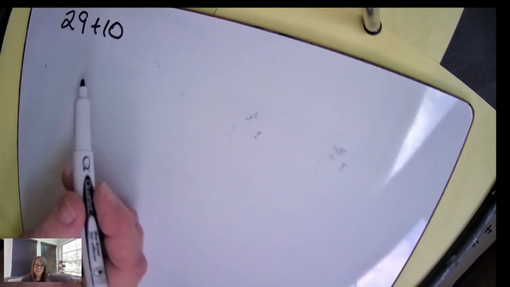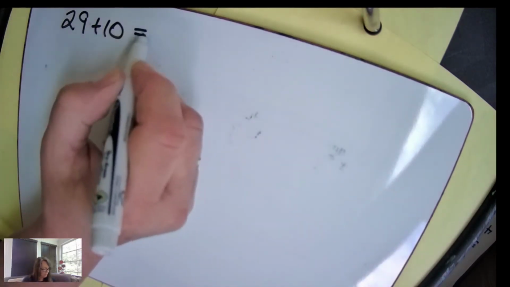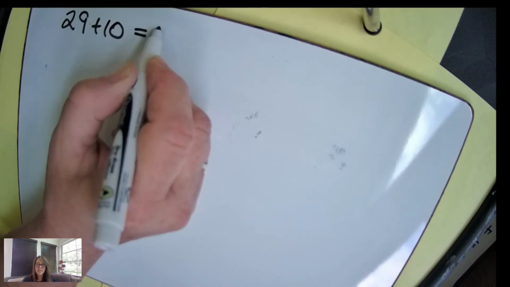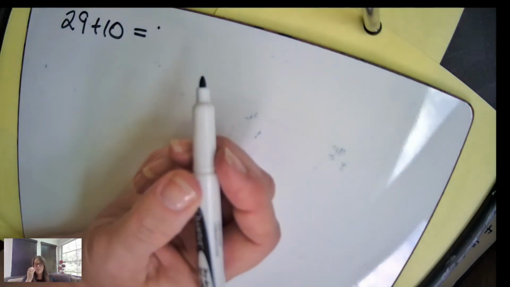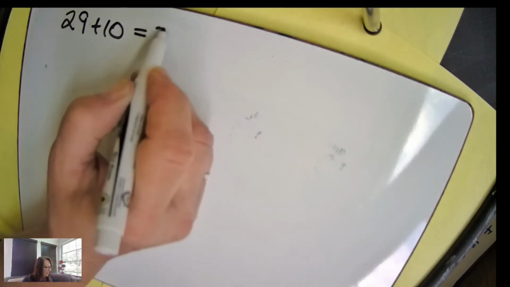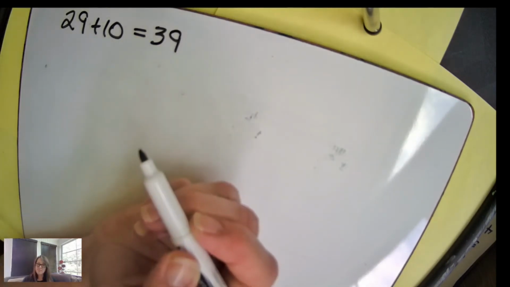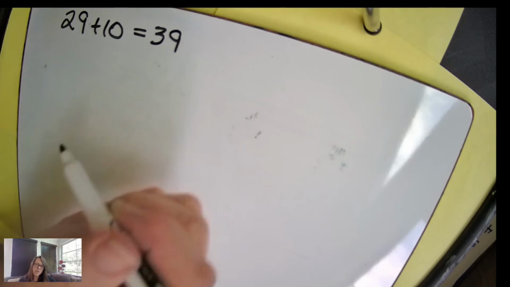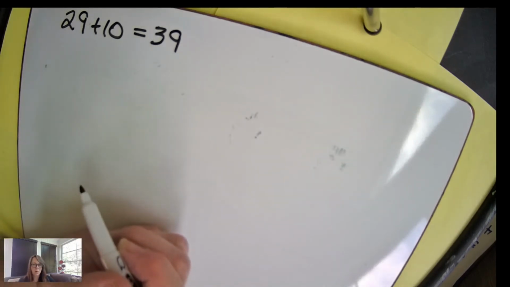Andrew, can you tell us what you think the answer is to 29 plus 10? Andrew says that he thinks the answer is 39. Do we agree or disagree with 39? Seems everyone agrees. Andrew, can you tell us how you were thinking about this problem?